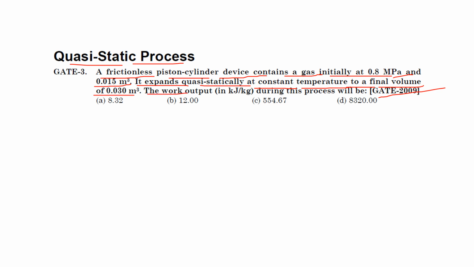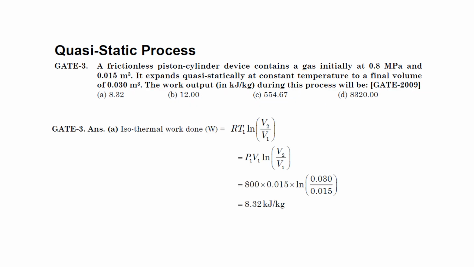The work output in kilojoule per kg during this process will be: the options are 8.32, 12, 554.67, 8320. See, for an isothermal process, work done is MRT1 ln V2 by V1.